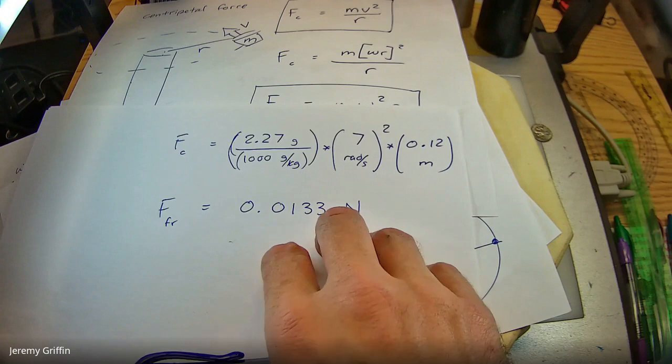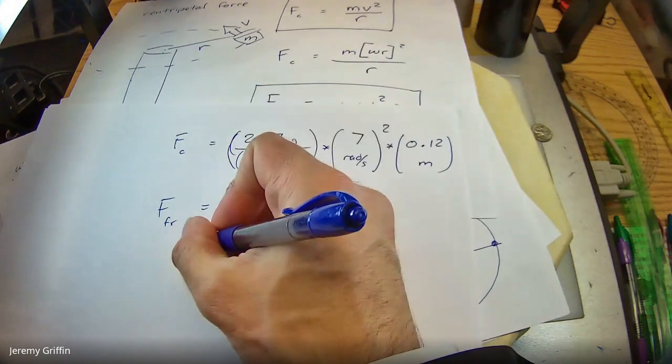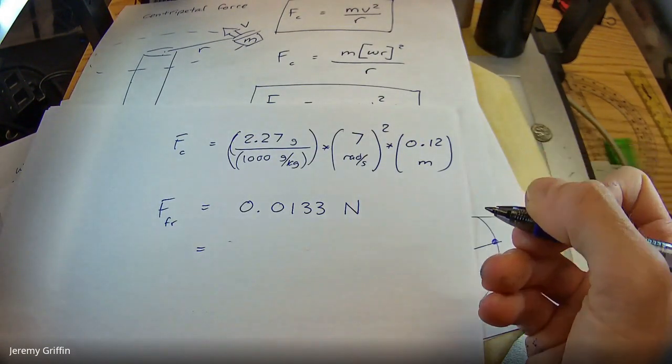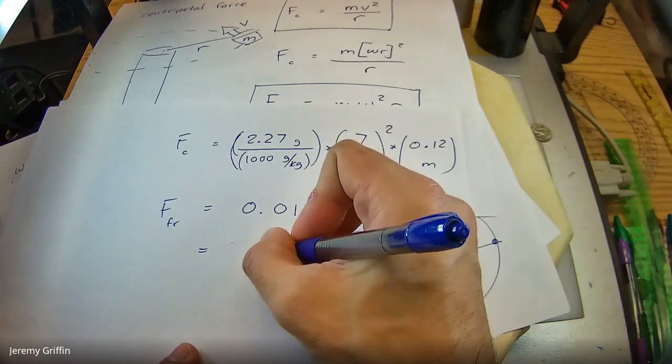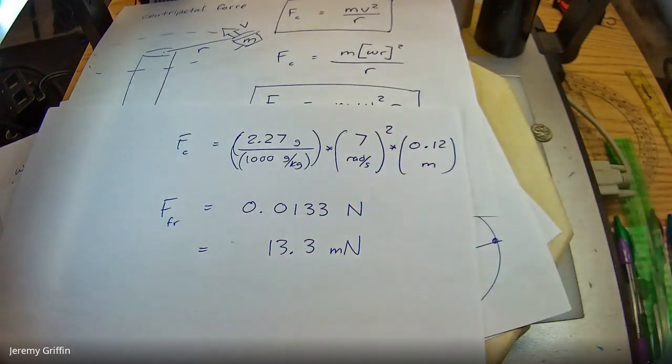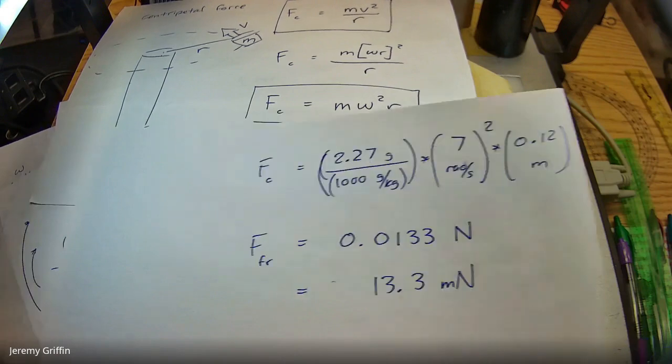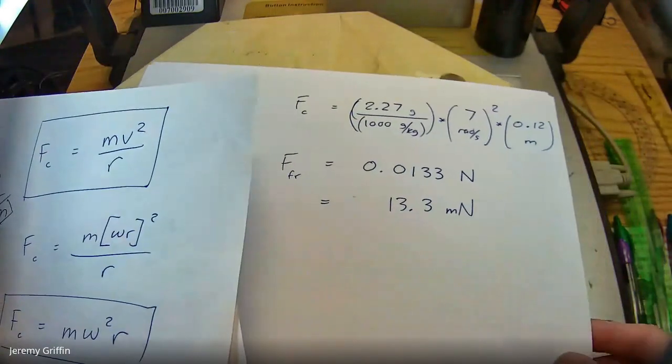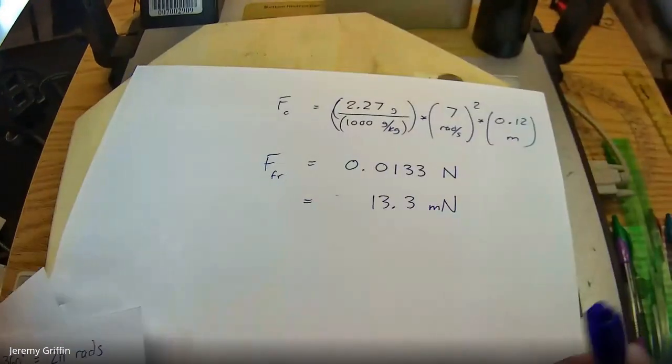Maybe I don't even want newtons. Maybe I want millinewtons. How many millinewtons is that equal to? 13.3. There you go, millinewtons, because milli is 3 decimal places. You guys remember that? All right.